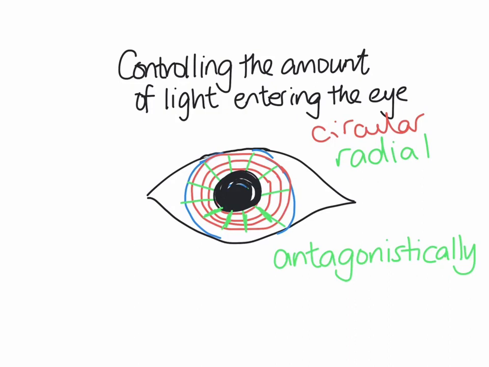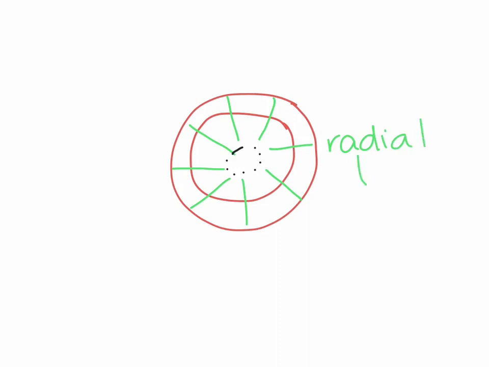So if I take a new page here, I'm not going to draw all the lines here at the moment, but say we started off with a smallish pupil there in the middle. So if those radial muscles, if they contract, that means they get shorter.